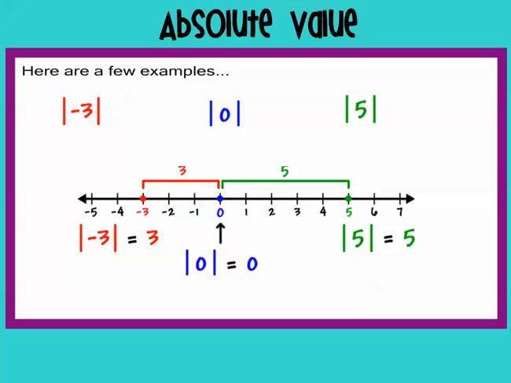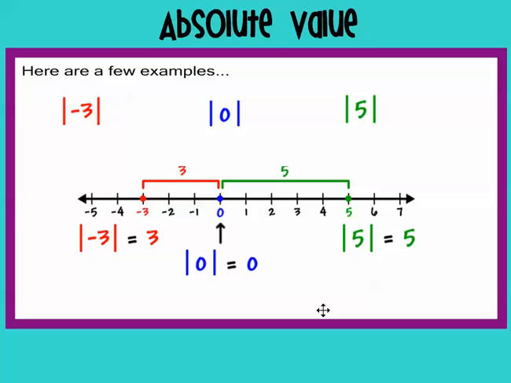I wanted to show you a couple of examples on the same number line so you can compare what's happening on the left side of 0 to what's happening on the right side of 0. For the absolute value of -3, we're looking at the number of spaces between 0 and -3, and we see that there are 3, so the absolute value of -3 is +3, a distance of +3.